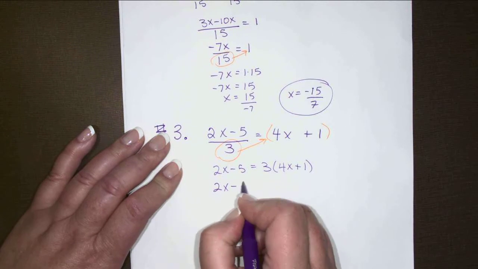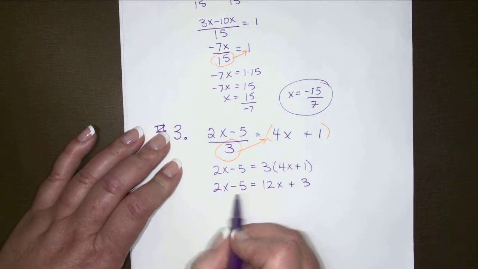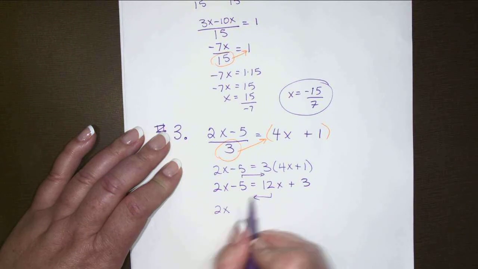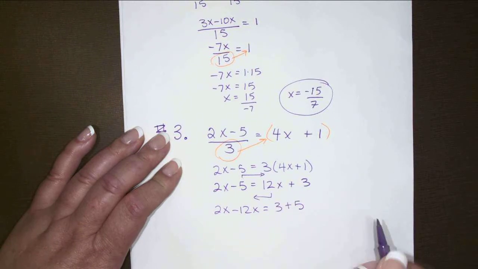So we'll just finish this question. 3 times 4 is 12, plus 3. So 2x stays, move the 12 over, it becomes a minus. The 3 stays, move the 5 over, it becomes a plus.